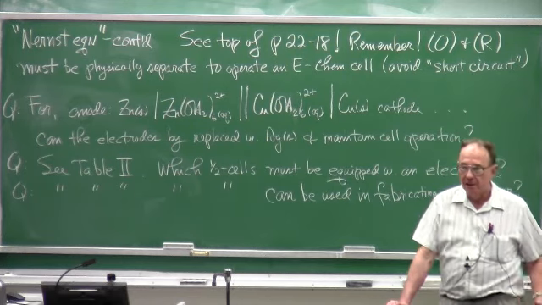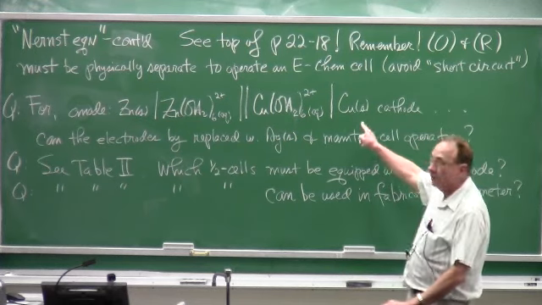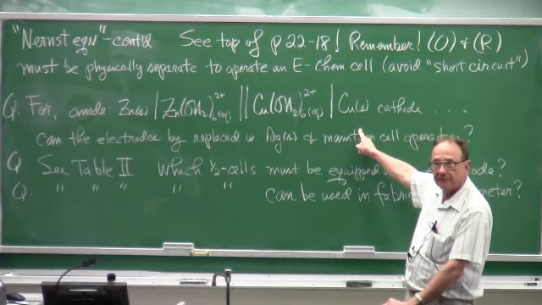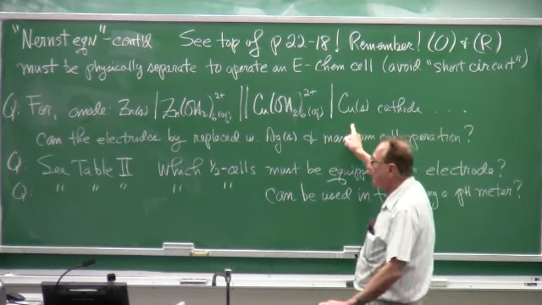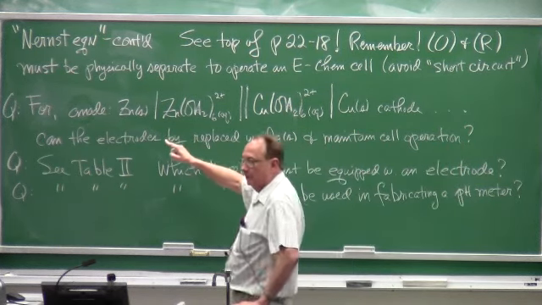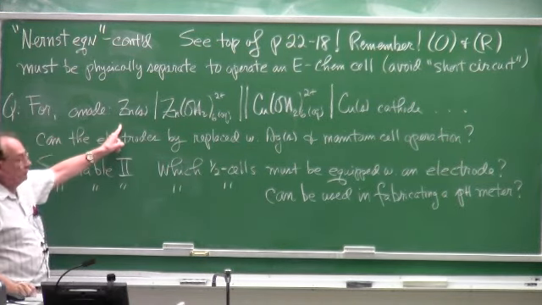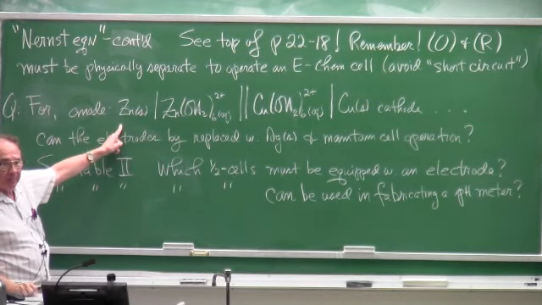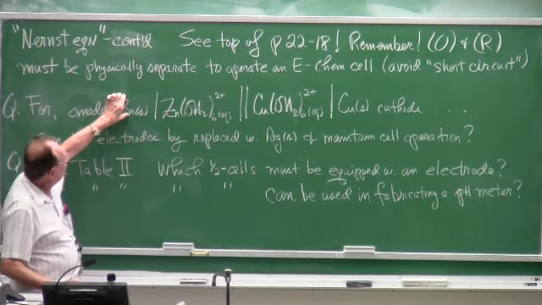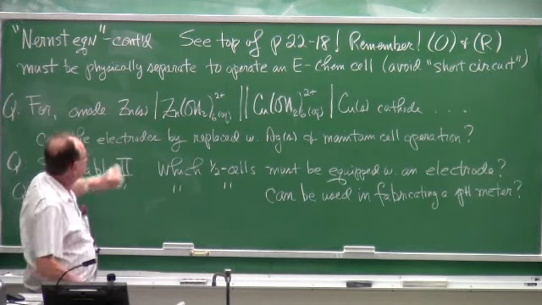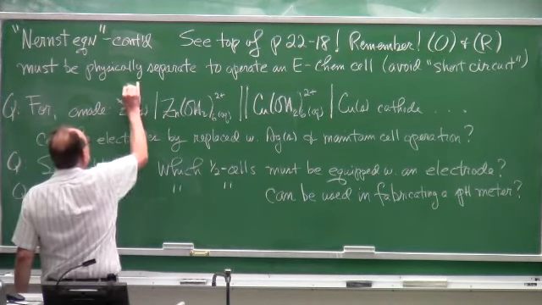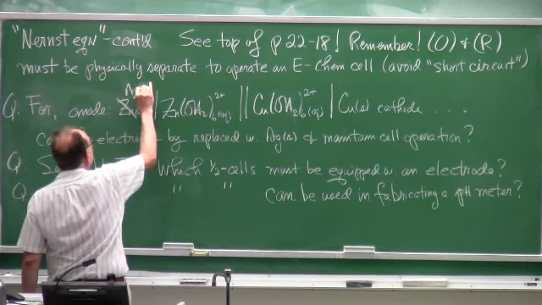Now, let's imagine I leave the copper strip intact. The cathode material is still a copper strip. Now I go over to the anode. In this system, zinc is the anode material. I take away the zinc strip and insert a silver strip.